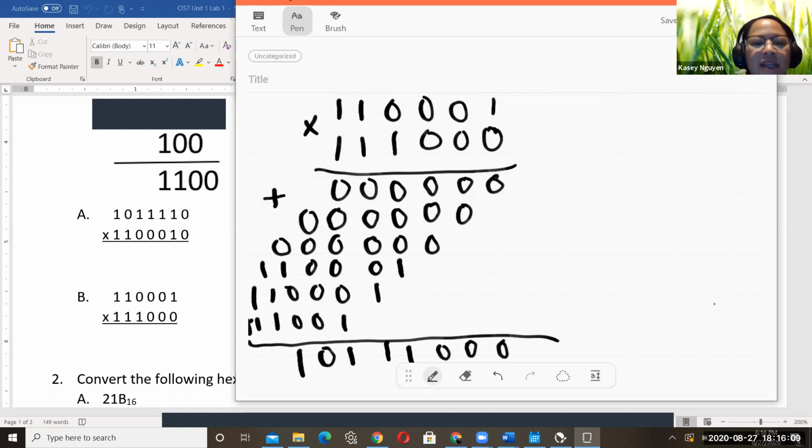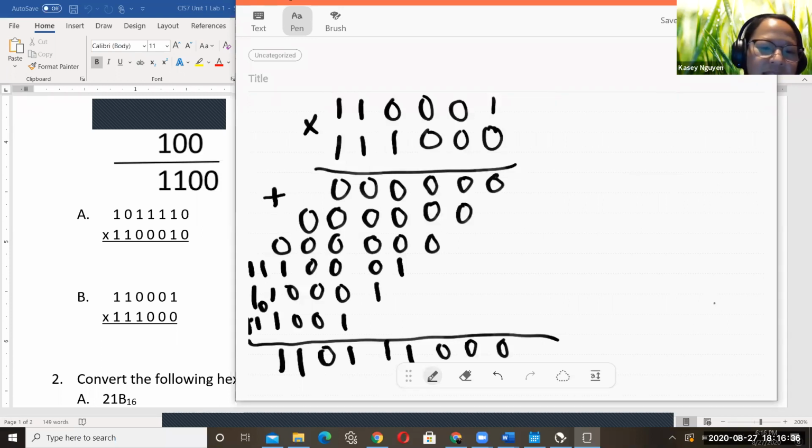Now this column right here is going to have a carry. Okay, we talked about carry last time. So a 1 plus a 1 is a 0 with the carry. And then after you have that, you would have a 0 plus a 1 is a 1.